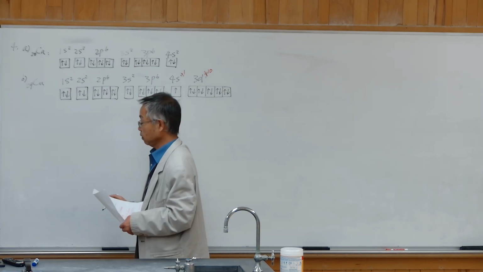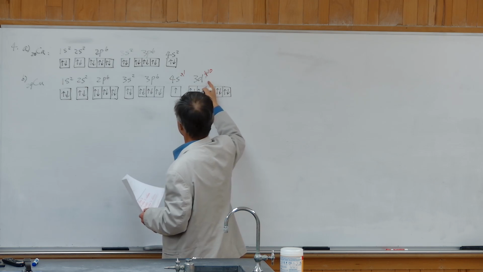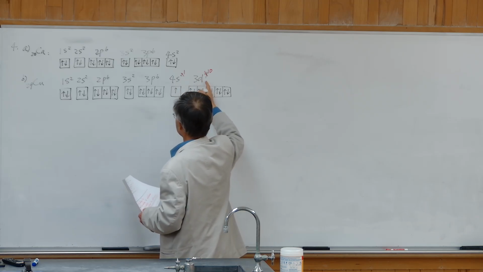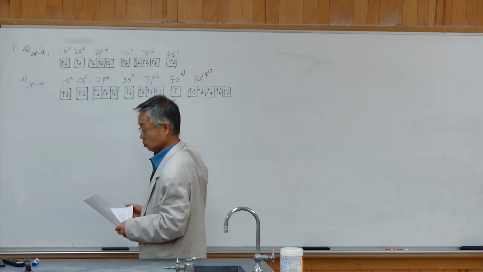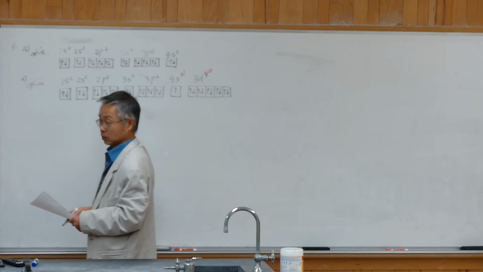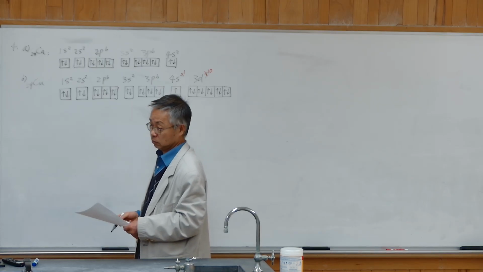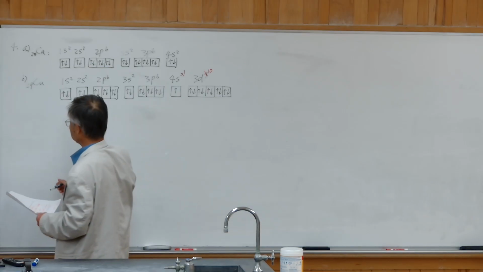So again, whenever you see d9, immediately realize you need to take 1 from its neighbor s, and it becomes d10. So this is a full-filled, more stable special rule. Another special case is d4 becomes d5. Take 1 more electron from its neighbor s.